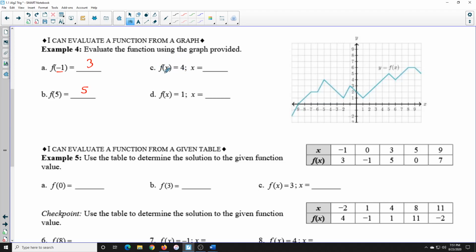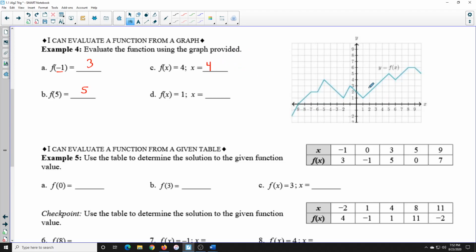So they tell us now that the y value is 4. And they want to know what the x value is, so it's the opposite. So if we go to 4 on the y, and we go over to where 4 hits the function, now I have a value of x is 4.